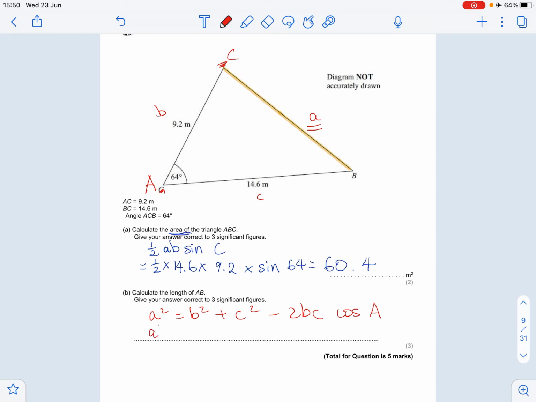So just substitute the numbers into the equation. My a squared, so my length a is what I want to find. My b is 9.2 squared. My c is 14.6 squared. Minus 2 times 9.2 times 14.6 cos 64. Then just type it into your calculator.